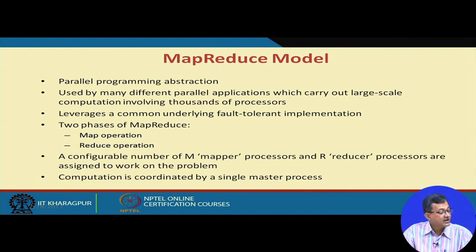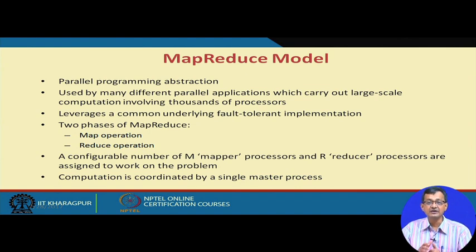It leverages a common underlying fault tolerant implementation. It has two phases, a map operation and a reduce operation. A configurable number of M mapper processors and R reducer processors are assigned to work on that problem. Computation is coordinated by a single master process.